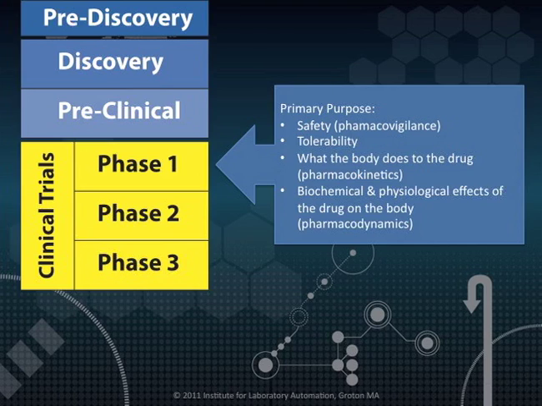During Phase 1, researchers will be looking at a human's ability to tolerate the treatment, what happens to the chemical compounds that make up the drug in the human body, and what the biochemical and physiological effects are. It's essential that the safety of a compound be investigated before it's used on hundreds or thousands of other humans. As a result, this step is a critical step in the process.